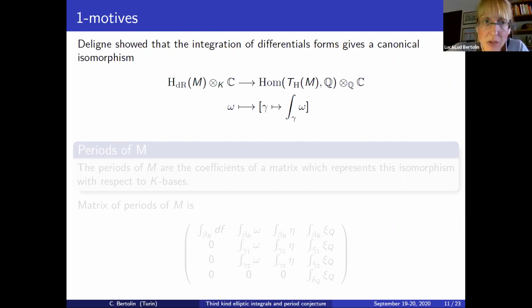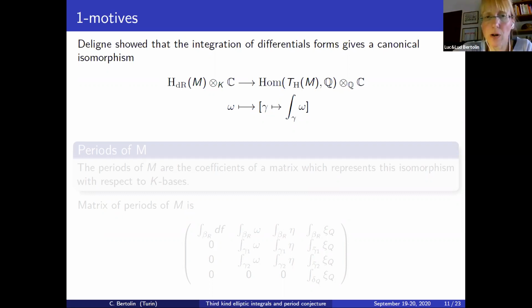But Deligne showed that in the case of one motive, the integration of differential forms gives a canonical isomorphism between the C vector space of differential forms on M and the dual of the space of loops, and to each differential form you associate the map that sends any loop gamma to the integral of this differential form along this loop.